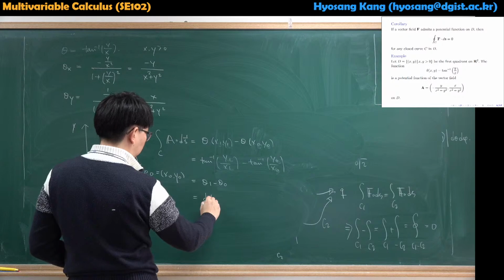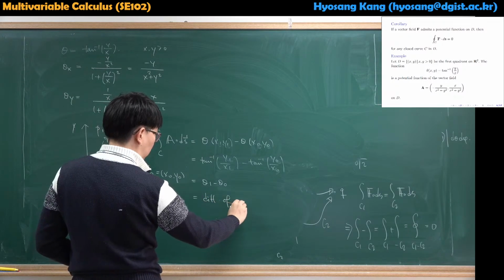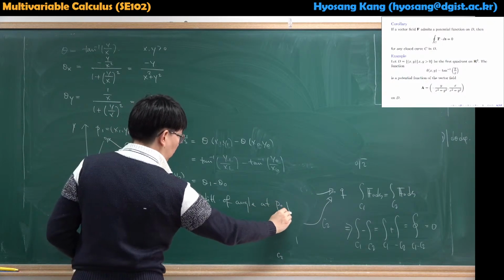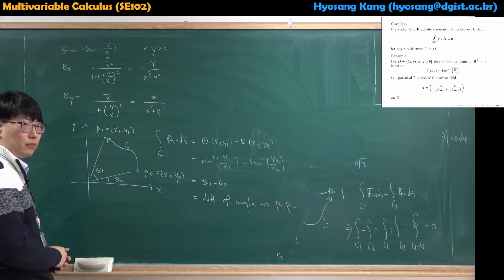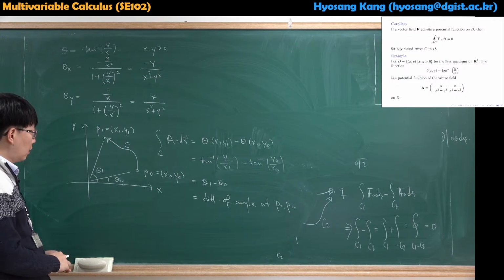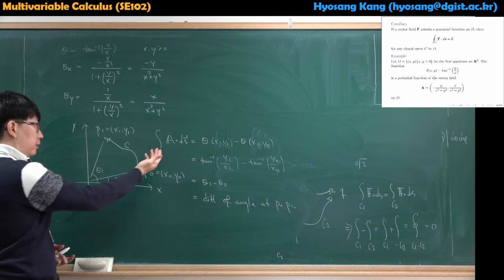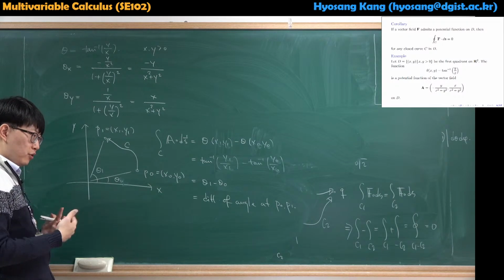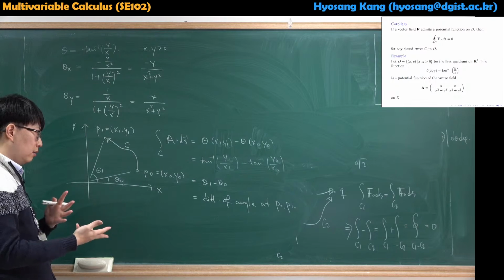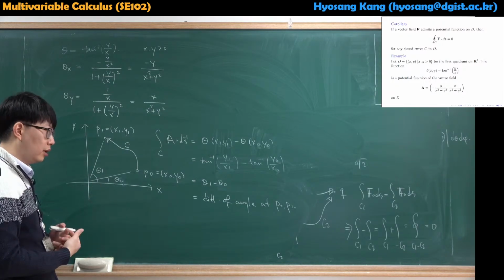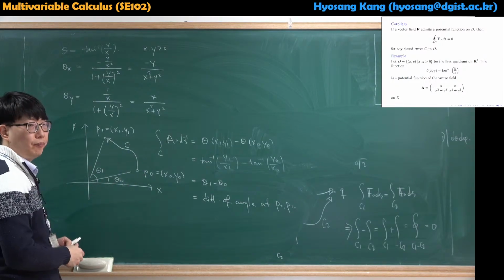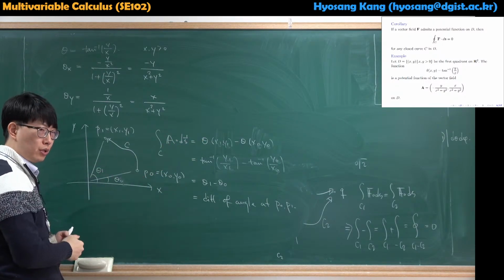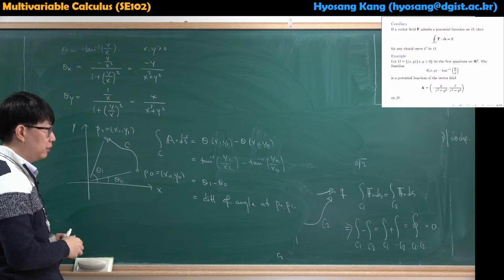So it's a difference of angle at P0 and P1. So this vector field A always measures the difference between the angle of starting point and end point by the line integral here, okay? Doesn't matter how far these points are away from the origin. It only measures the difference of angles.